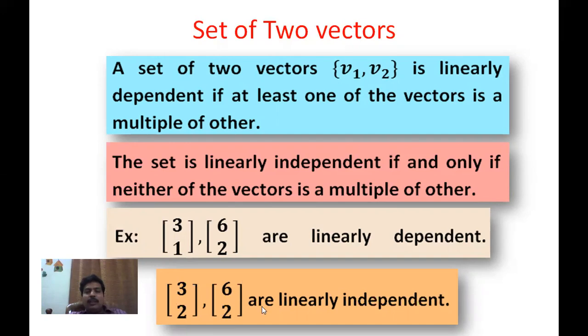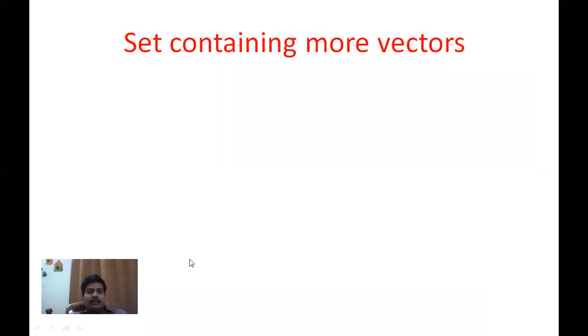So these two are linearly independent. These two are not multiples of one another. And this is a multiple of this one, of course. If I multiply with 1 by 2, I will get this. So these are linearly dependent, and these two are linearly independent. So this is the case of two vectors.